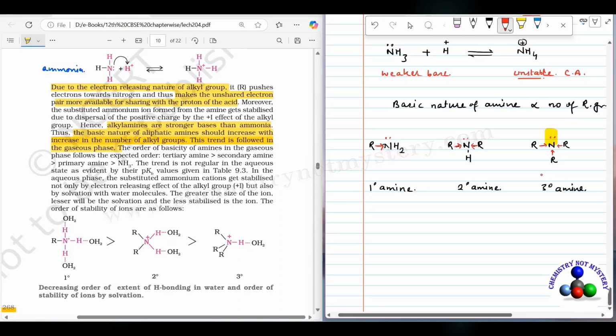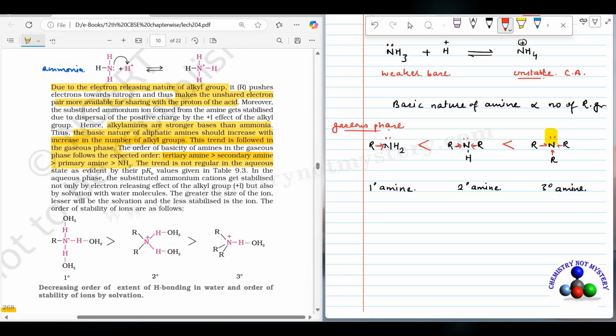That's why tertiary alkylamine will be more basic than secondary amine, and secondary amine will be more basic than primary amine. So these trends follow in the gaseous phase. The order of basicity of amines in the gaseous phase follows the expected order: tertiary amine is more basic than secondary amine, secondary amine is more basic than primary amine, and ammonia is the least basic among them.